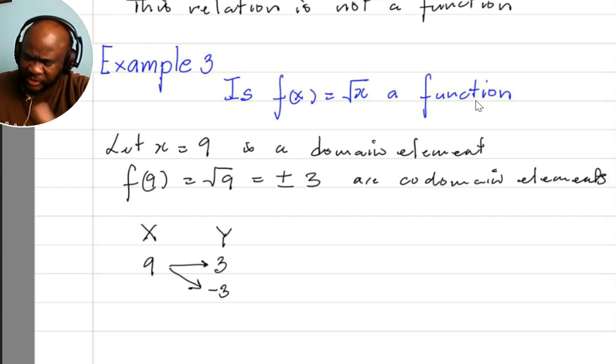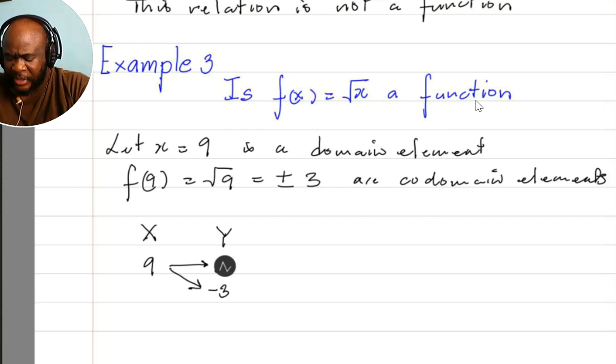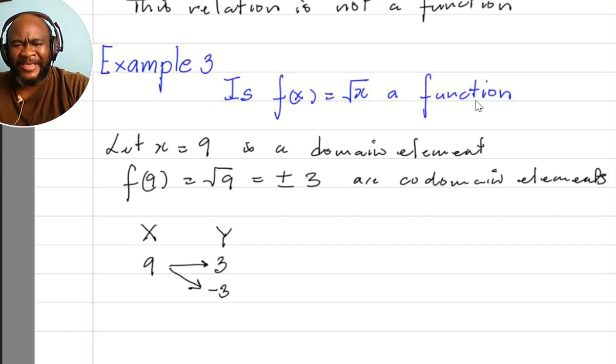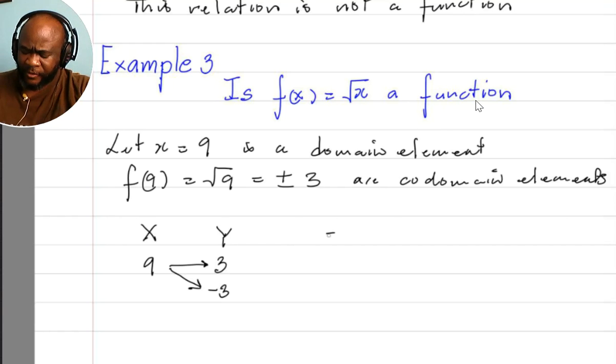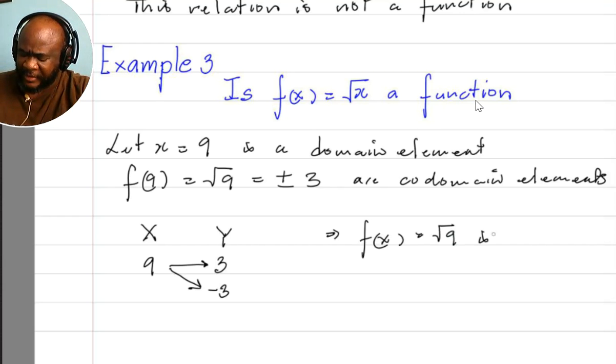So by definition, this relation is not a function, because in every function, every element of the domain must be mapped onto only one element in the codomain. Now we have 9 in the domain being mapped onto two elements. Therefore, f of x equal to the square root of x is not a function.